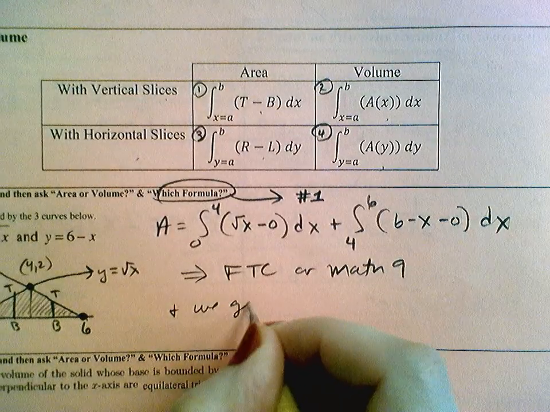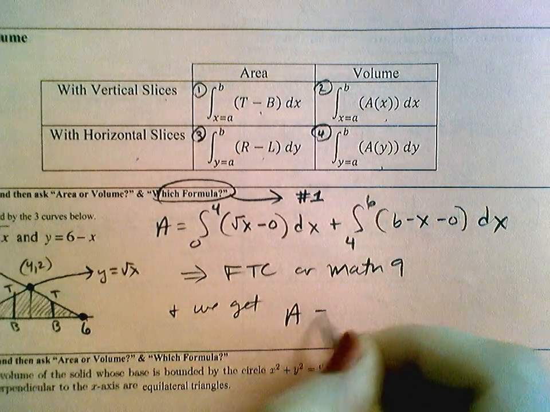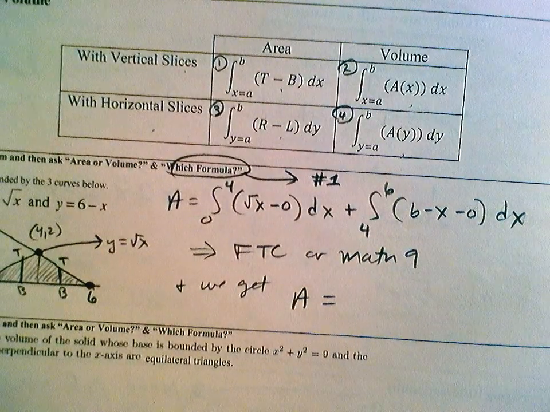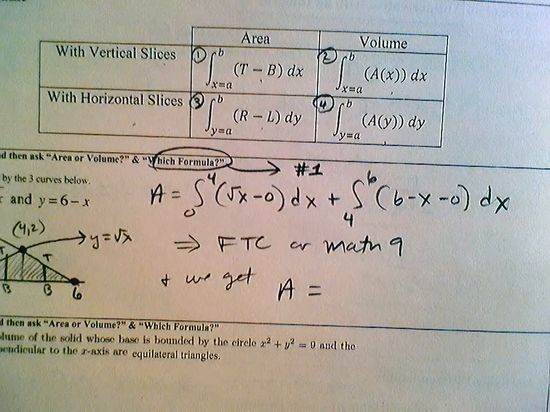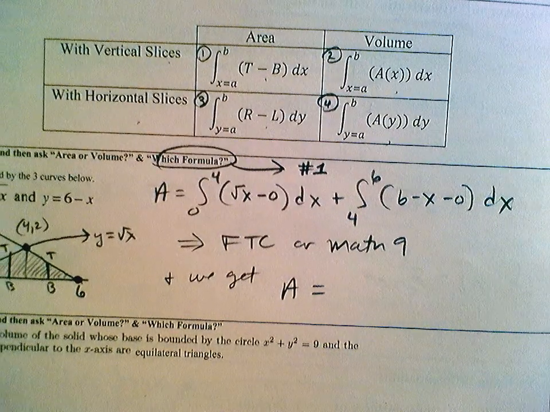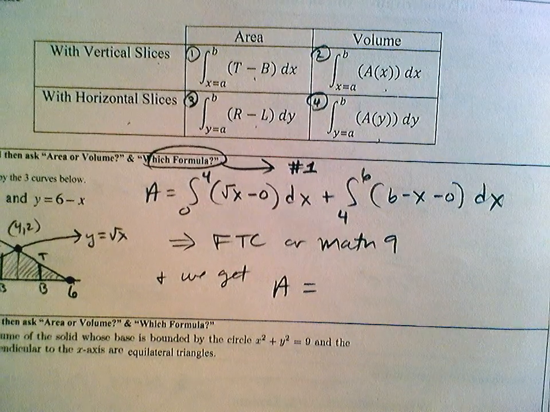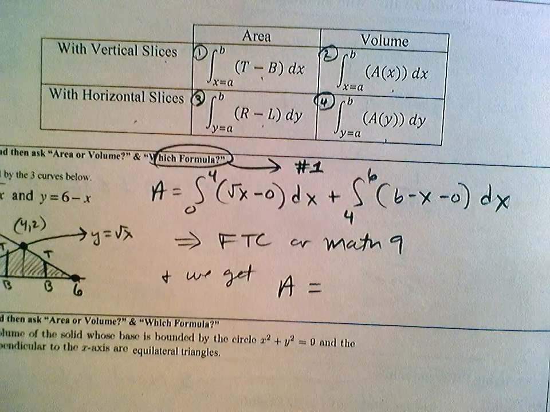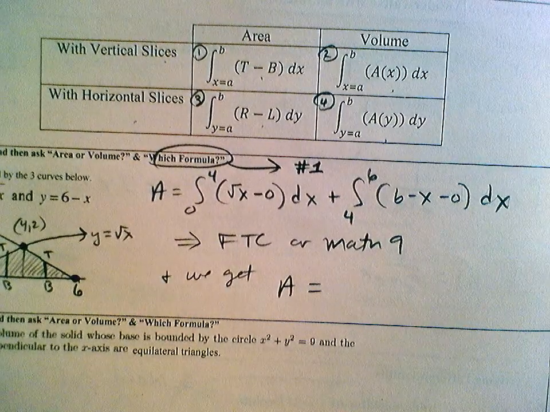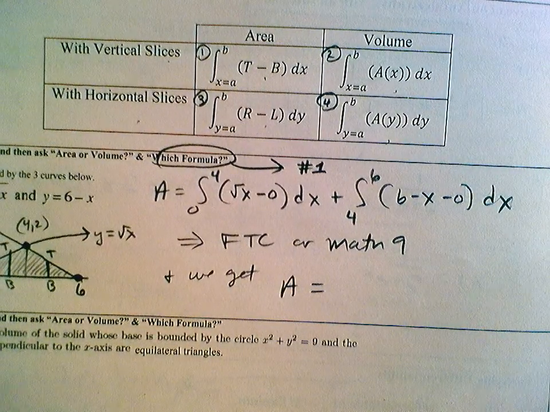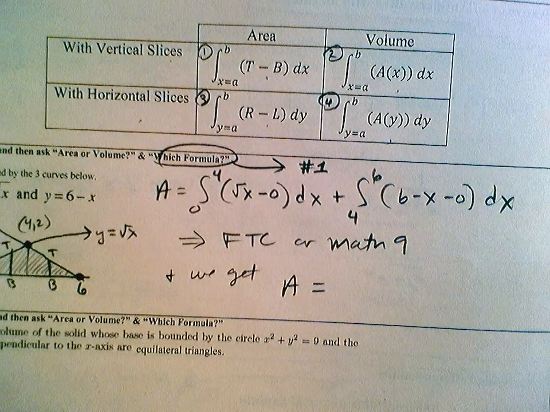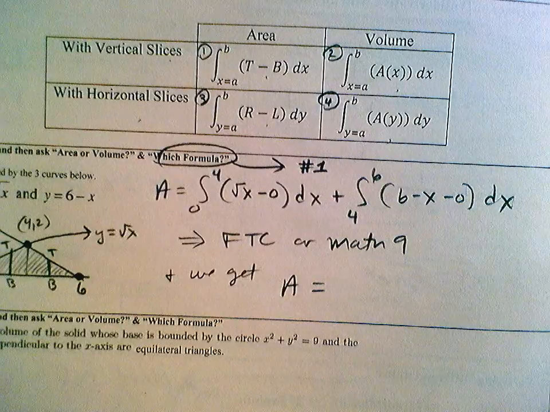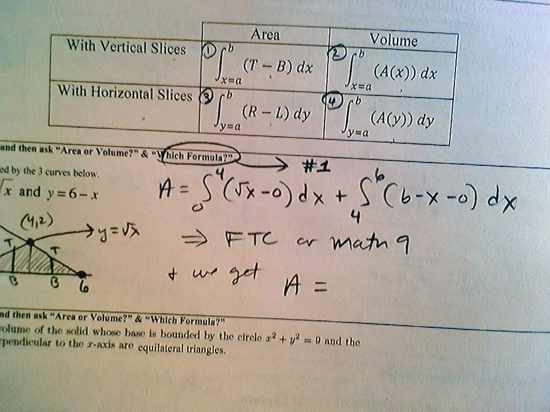I'm just going to use Math 9. FTC is very good for this, but I'm just trying to save time. So Math 9, 0 to 4 radical x dx, plus Math 9, 4 to 6, 6 minus x dx.